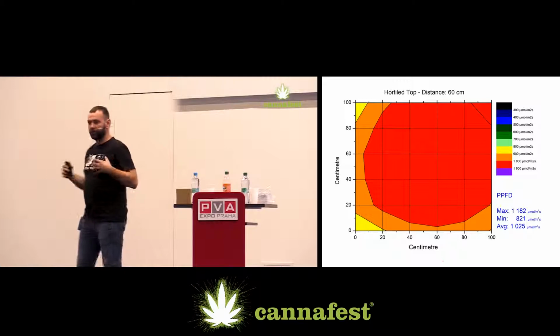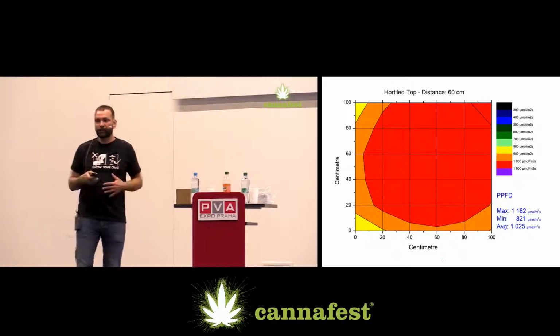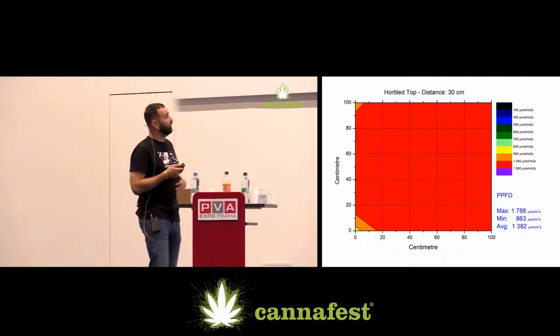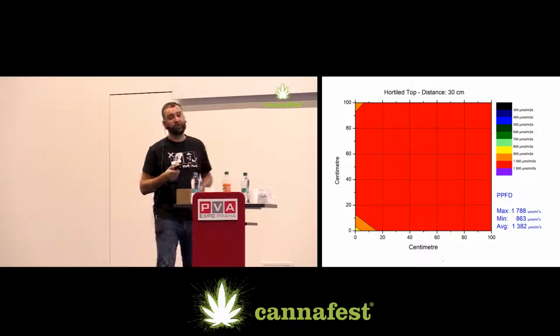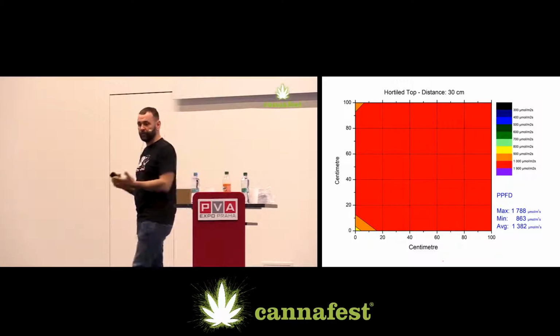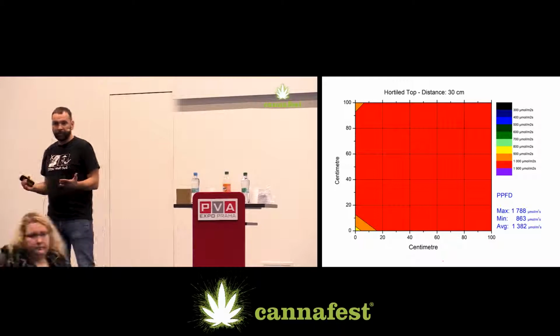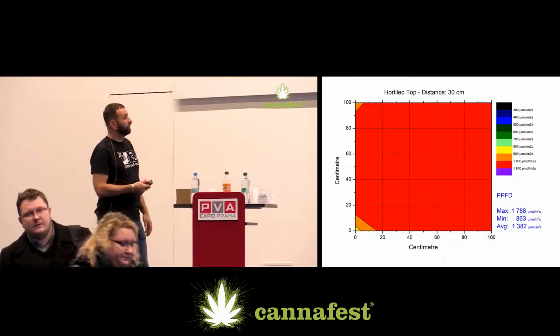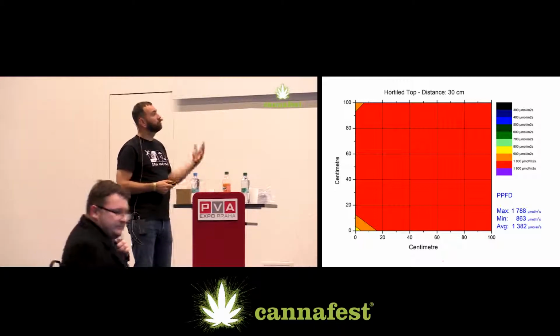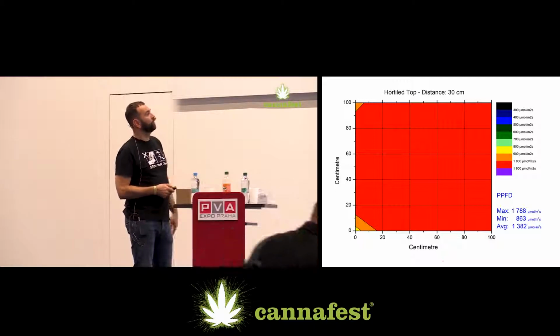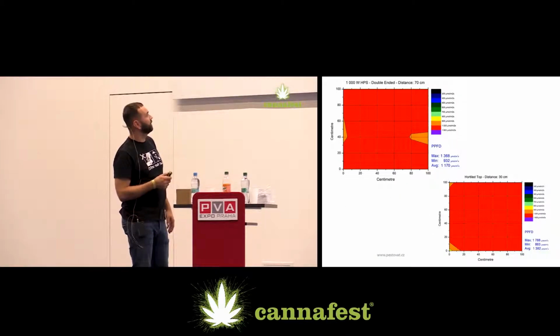I use this distance in order to make sure that it will be as far as the 1000 watt module, and then I brought it closer, 30 centimeters. And I can do this because there is no heat generation, no burning of the plants. And you can see that I've obtained real good values.